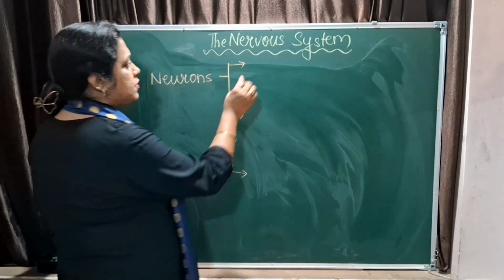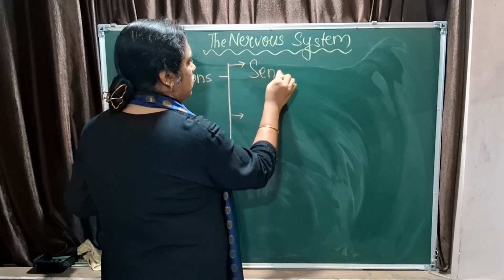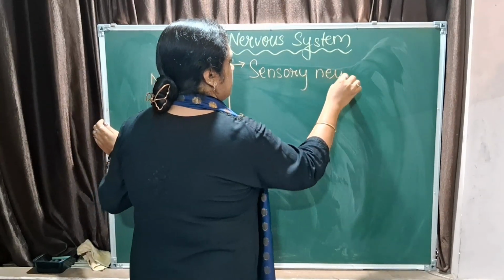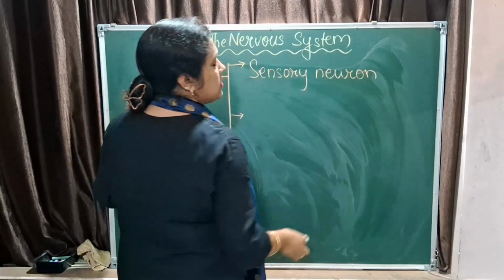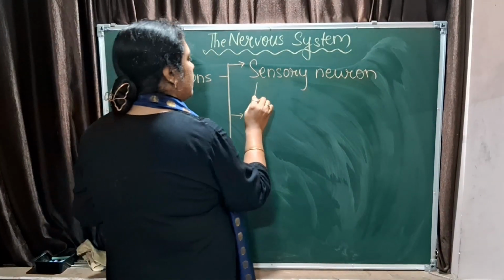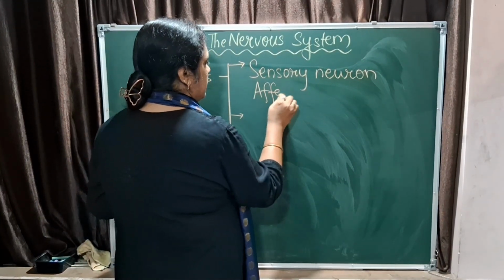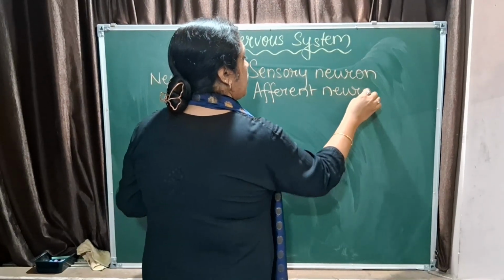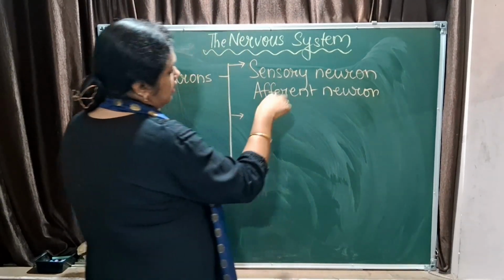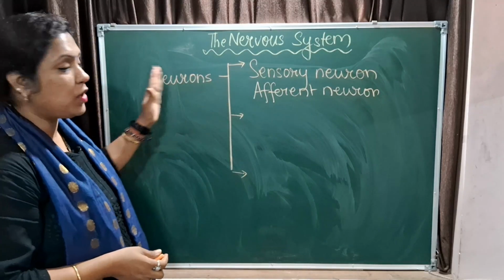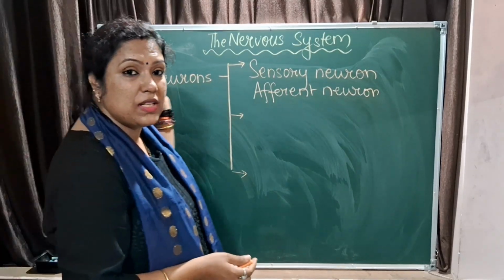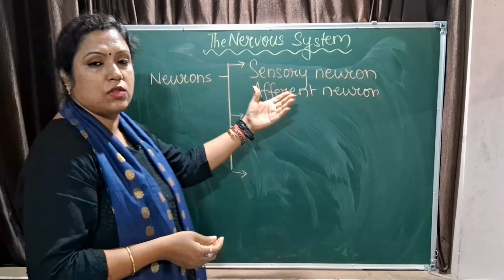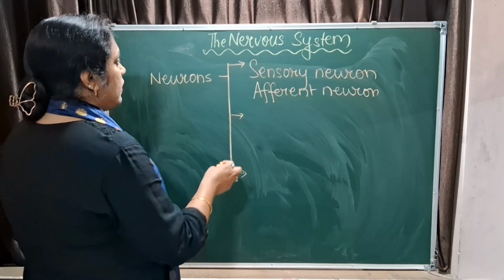What are the 3 types? First is the sensory neuron. It is also called the afferent neuron, because the stimulus arrives into your central nervous system through these afferent neurons.